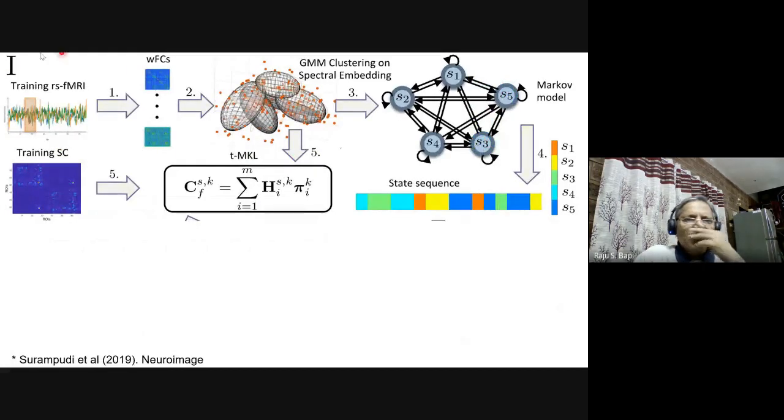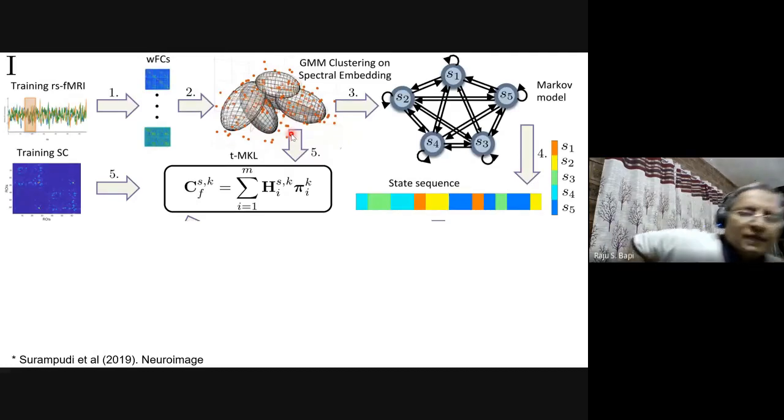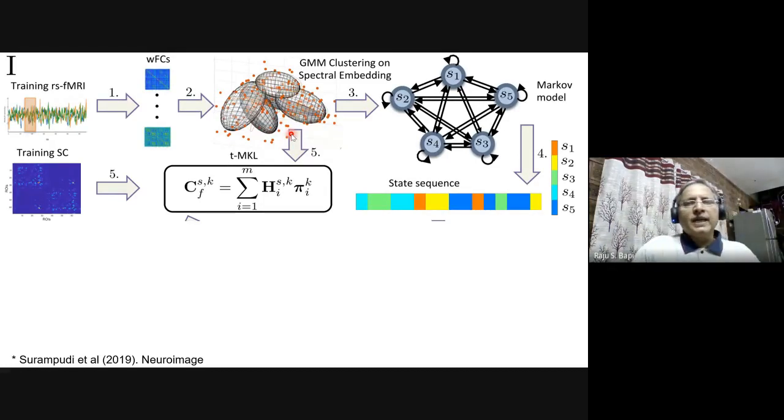Using these WFCs from the training data, say 20, 30 or 40 subjects, we gather all the WFCs and do clustering to find the lower dimensional subspace that neatly summarizes all the windowed functional connectivities observed across subjects. For the soft clustering, we used a Gaussian mixture model.